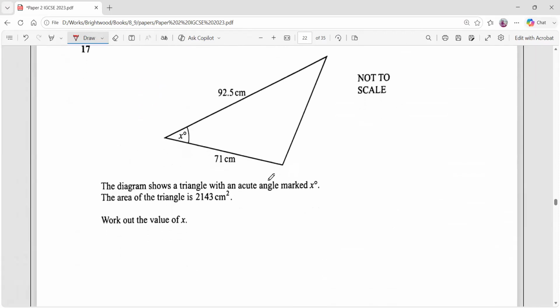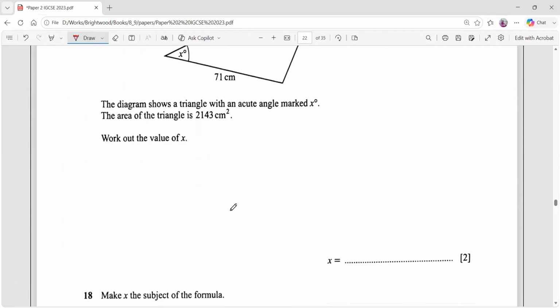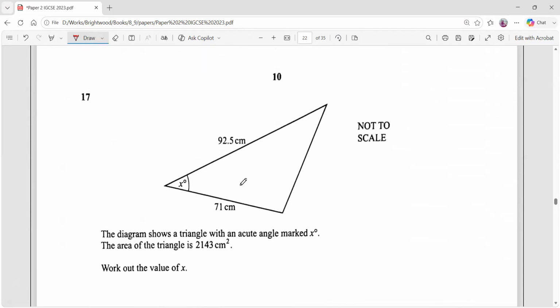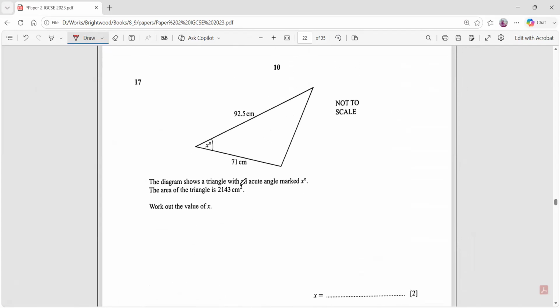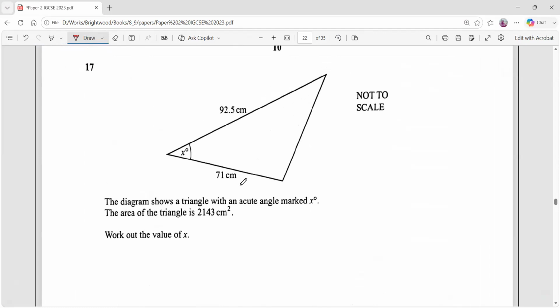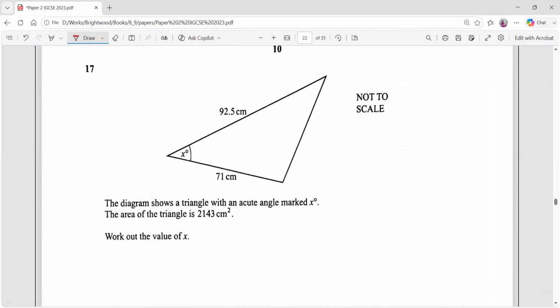The area of the triangle is this one. Now they ask for the magnitude of x. How to do it? Take 1 minute and try.